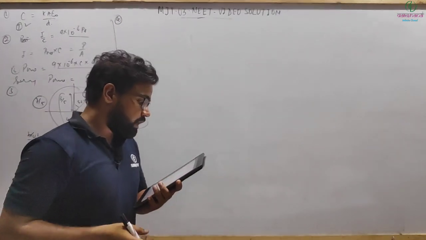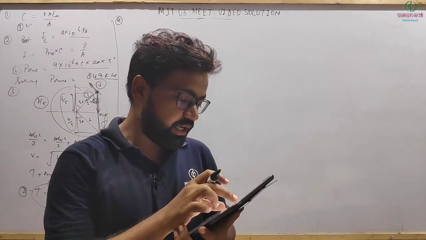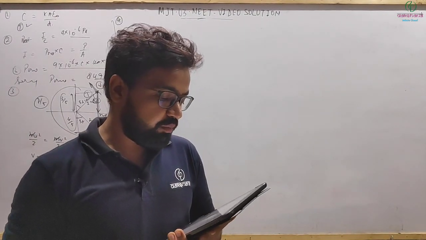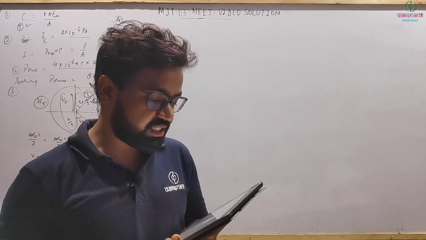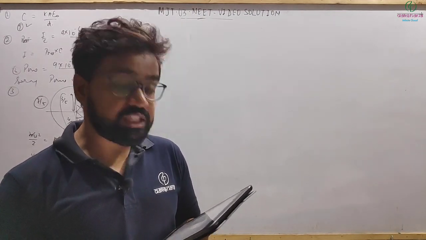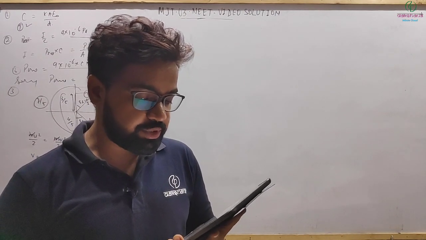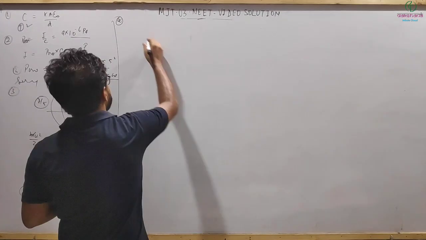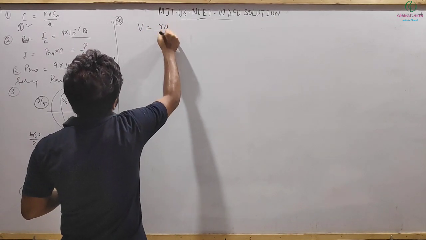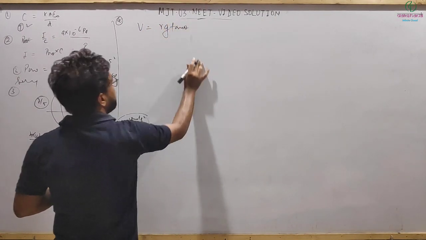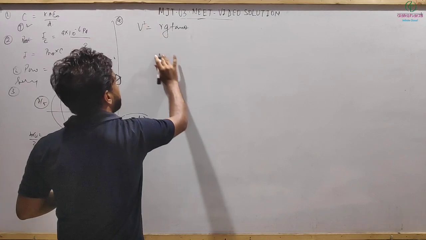Question number 4. Keeping the banking angle of the road constant, the maximum safe speed of a passing vehicle is to be increased by 10%. The radius of curvature of the road will have to be changed from 20. So we know V max is equal to root over R g tan theta, or V square equals R g tan theta.